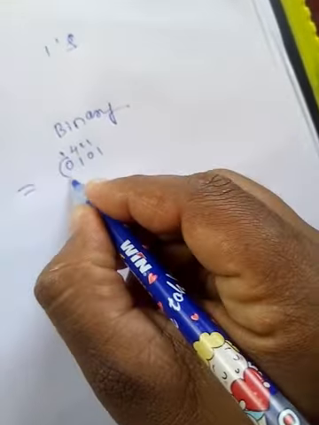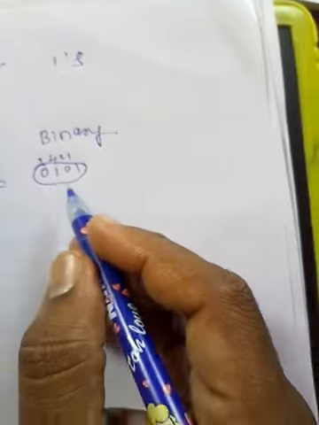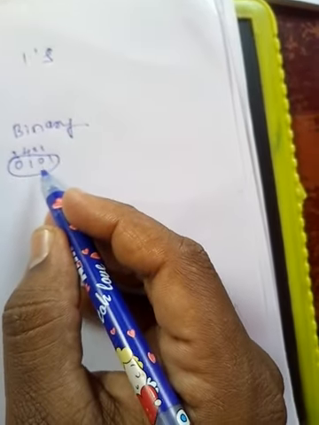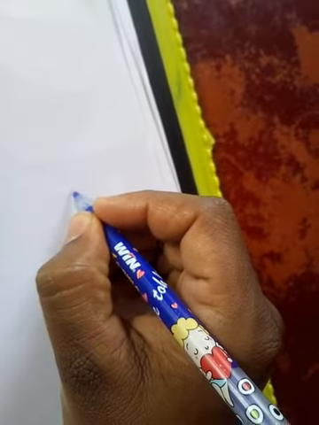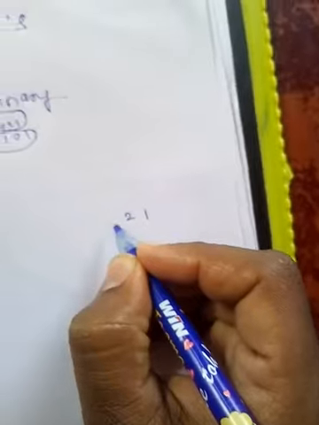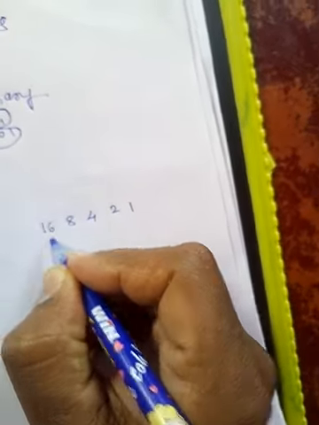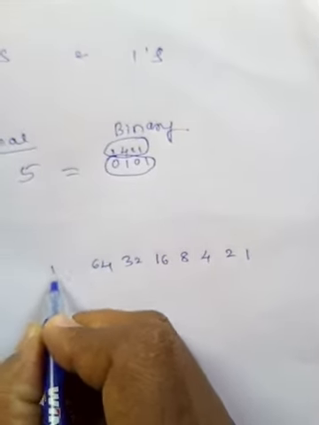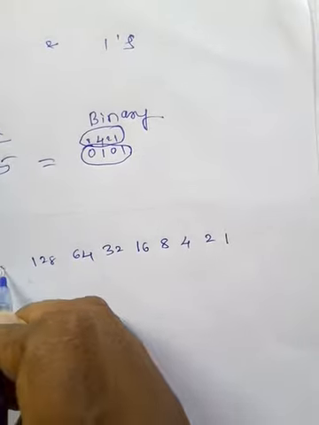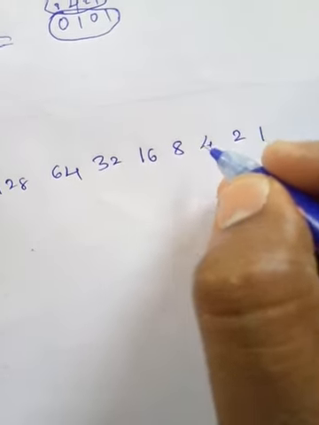Why? Because in converting decimal to binary, we have to give the place values like 1, 2, 4, 8, 16, 32, 64, 128, 256. If you add 1 with 1, 2; 2 with 2, 4; 4 with 4, 8; 8 with 8, 16.